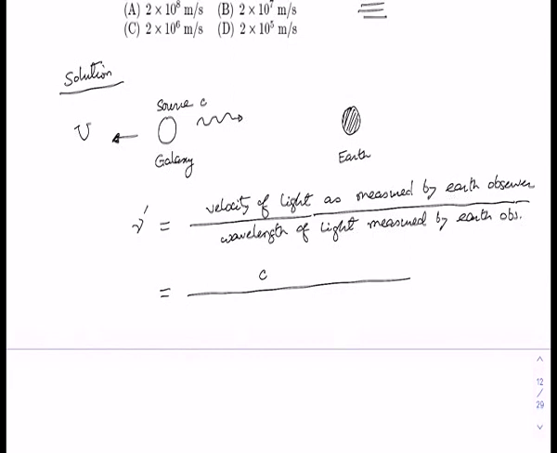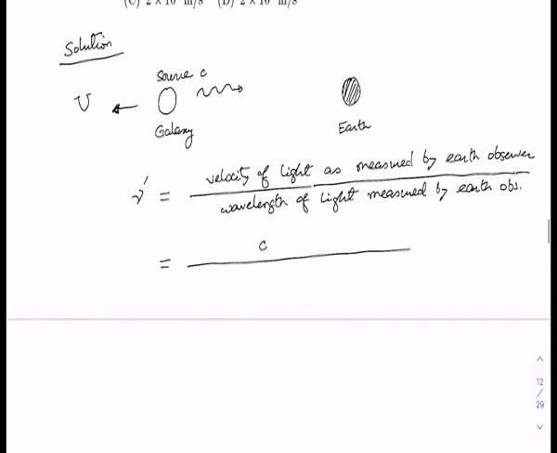On the other hand, the wavelength of light we can get in a similar way to what we worked out earlier. Suppose this galaxy is here, emanating a signal. At time t0, the signal has gone a distance c t0, and in the meantime the galaxy would travel a distance capital U t0.